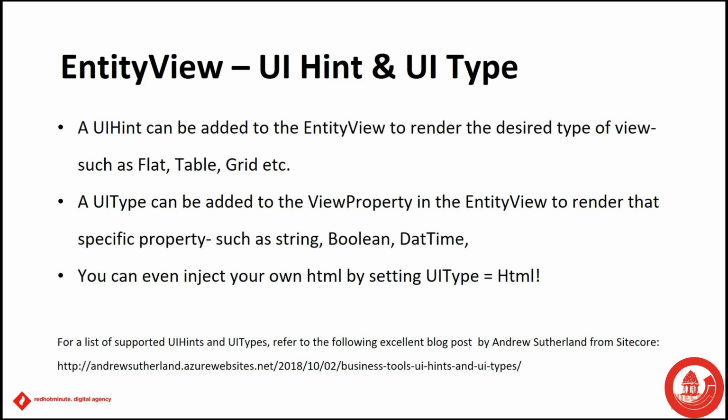So let's say you want to style a particular field, make it bold, italic, you can just inject your own HTML. There's a really good blog post by Andrew Sutherland, who works with Sitecore over here in Melbourne. He's listed down all the possible UI hints and UI types that are available to you, because otherwise you'd have to go into the code and actually decompose stuff to find this out. So do visit this to get a complete list.